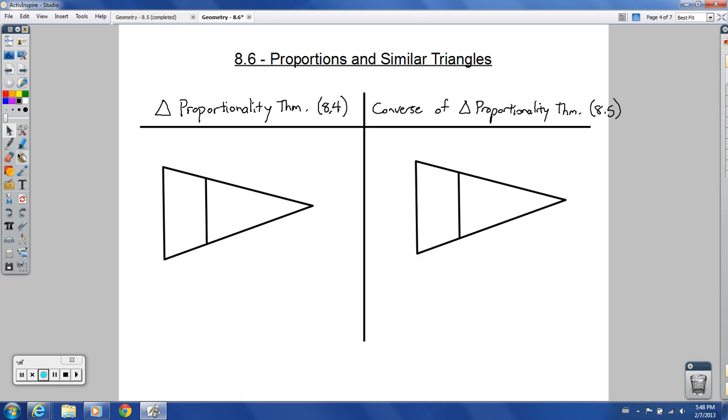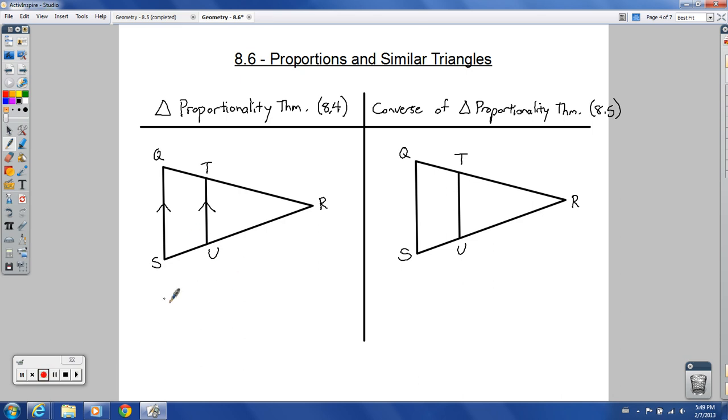So with this first one, this and this are parallel to one another. Let's call this Q, T, this is R, U, and S. Over here, same letters, so Q, T, R, U, and S.